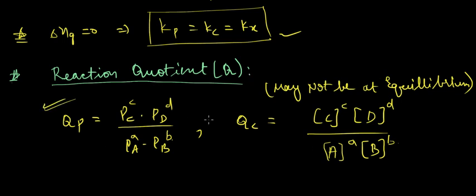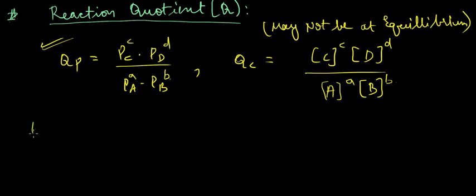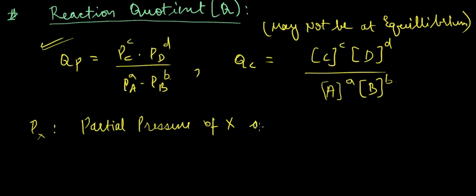This is a general way of representing Qp and Qc, where Px is the partial pressure of gas x at time t, not necessarily at equilibrium.